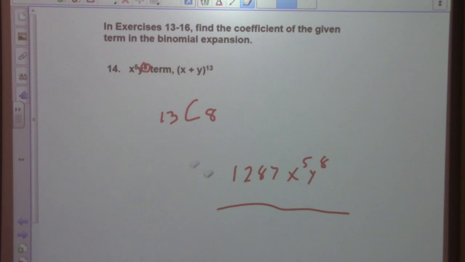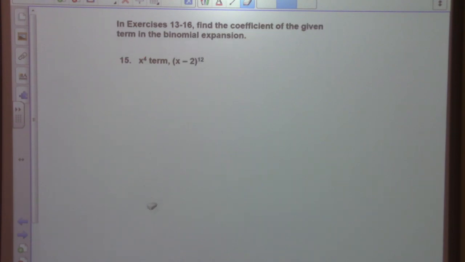Okay, let's go on here. Now here we're talking about, instead of having just a plus y, we're having a number there instead. Do you have an idea of how to do that one? Okay, let me show you.